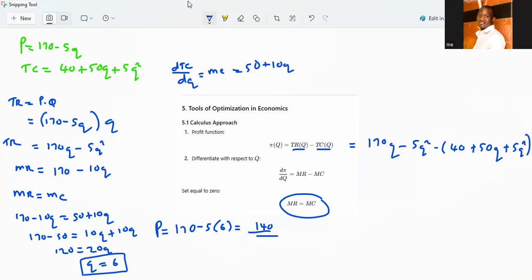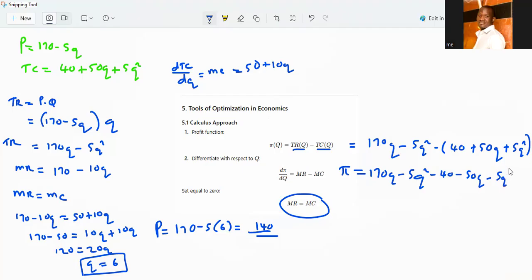All right. So now we put the like terms together. So what happens here? The negative, in this case, will negate the negative aspects. So minus 40 minus 50Q minus 5Q squared.